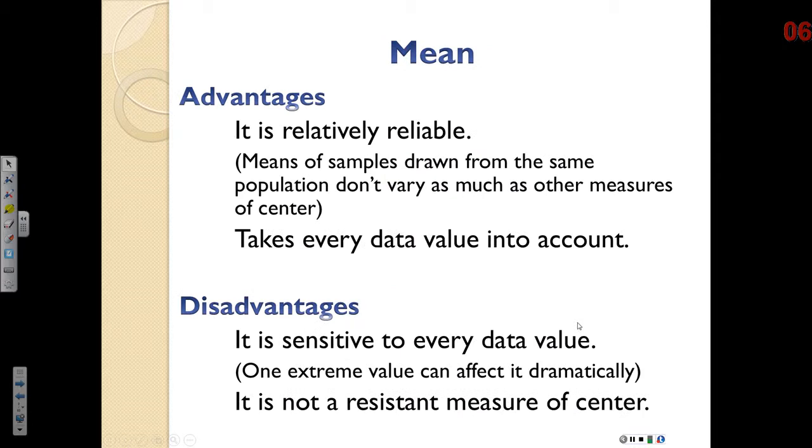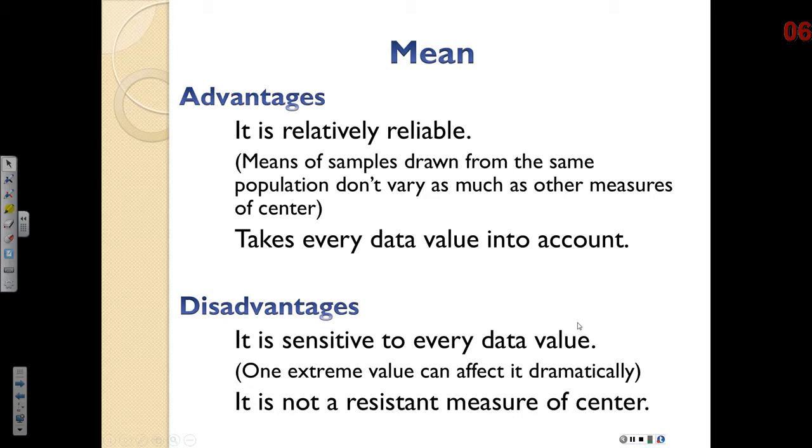Some of the advantages: it takes into account every data value. That can also be a disadvantage, because what if you have a number that is very different from the rest of the data values? It's going to affect the mean.